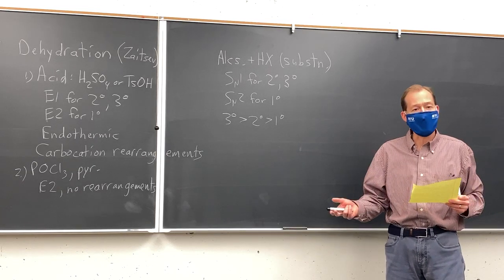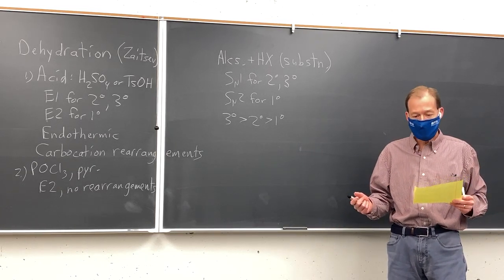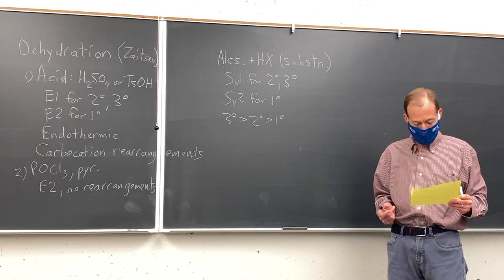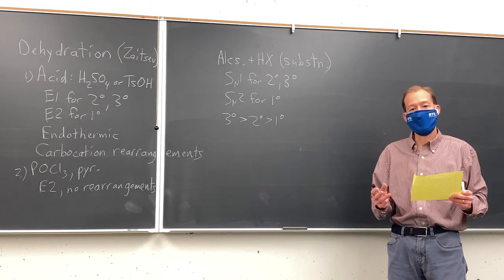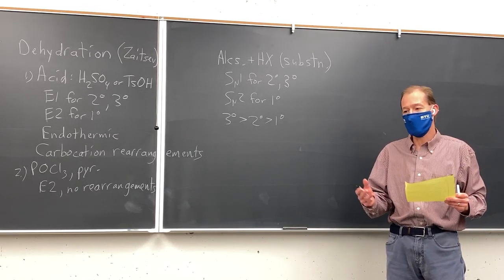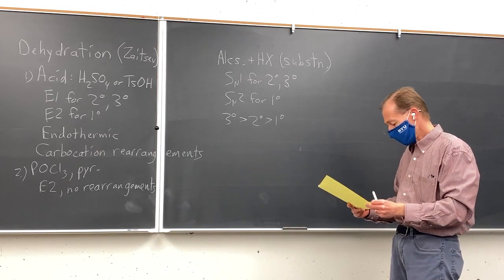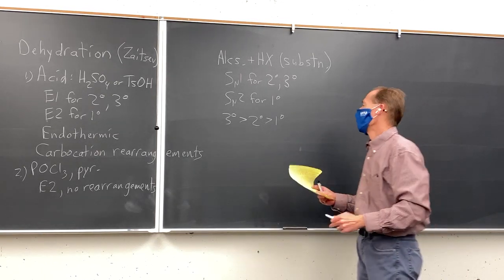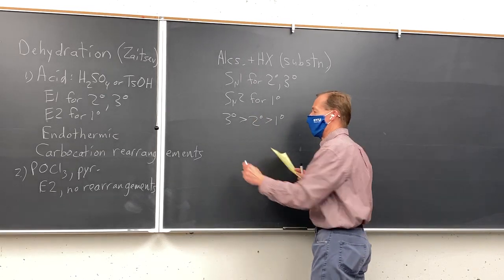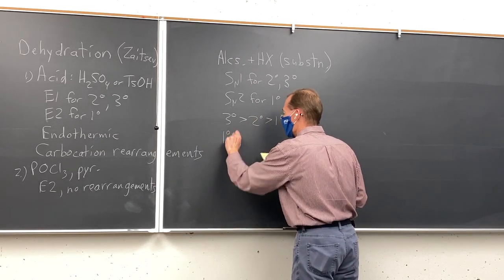We also taught you that the rate depends on HX. The stronger the acid, the faster the reaction is. HX is acting as an acid before the rate determining step, so it does impact the rate. And there was a bit of information that was important here.